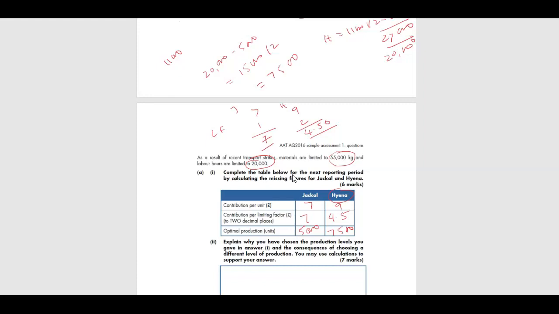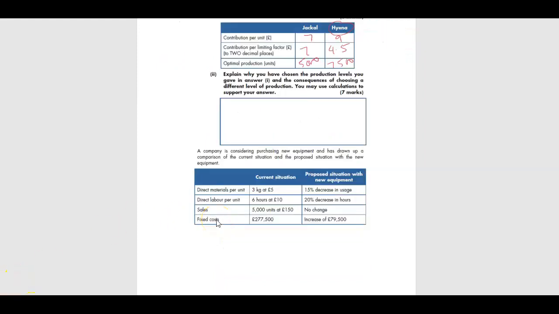The next question is asking: explain why you have chosen the production levels you gave in answer 1, and the consequence of choosing a different level of production. You may use the calculation to support your answer. It's very important. The first thing you have to say is we do not have enough resources, that means the labor hours, to fulfill the demand.